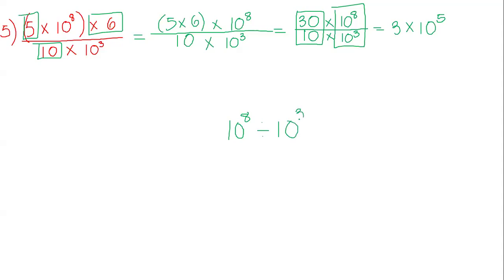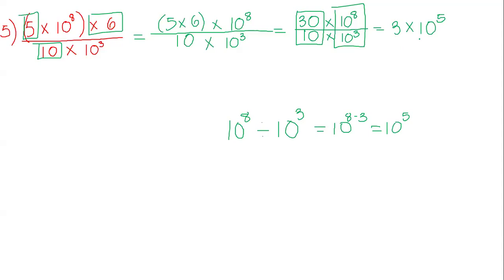The reason why is that when we divide, we subtract the powers. So it's 10 to the power of 8 minus 3, which is 10 to the power of 5. And so that's how we got that. So the answer is 3 times 10 to the power of 5.